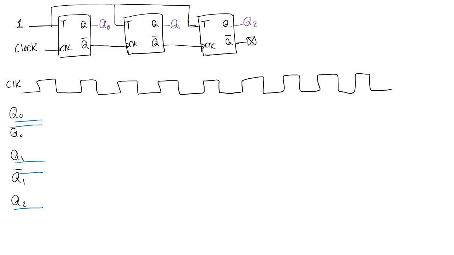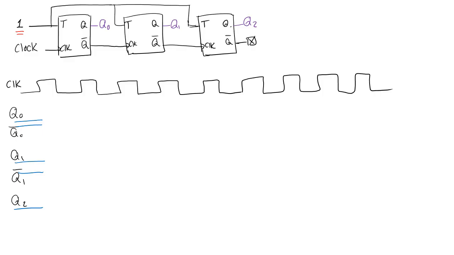So initially, all three of them are 0. Now, knowing that the input to all my flip-flops is 1, and knowing the property of the T flip-flop, that the output toggles every time if the input is 1, and now we know that the input is always 1, right?